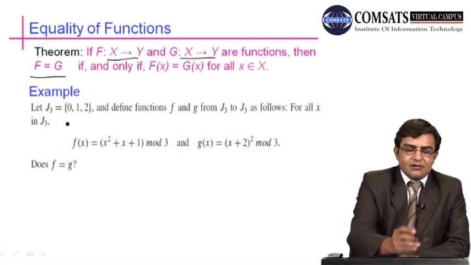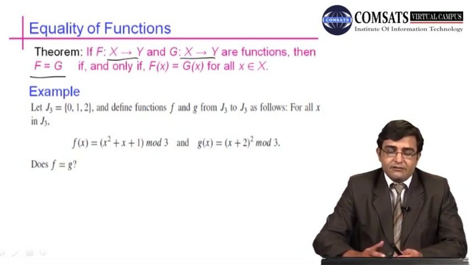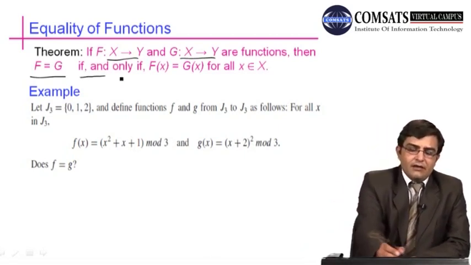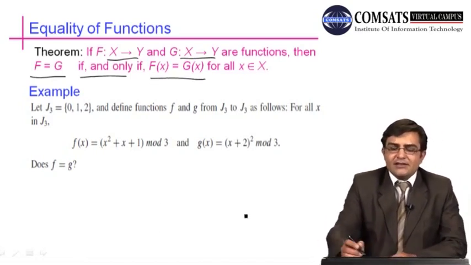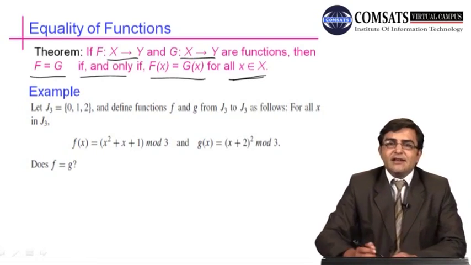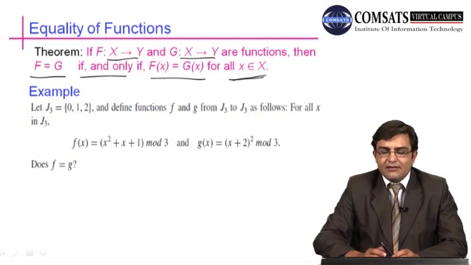We say that the function f is equal to the function g if and only if f of x is equal to g of x for all x belonging to the domain set X. This means the images of these functions at every x must be the same. Images we have discussed in the previous lecture: what is the image, pre-image, and inverse of a function.